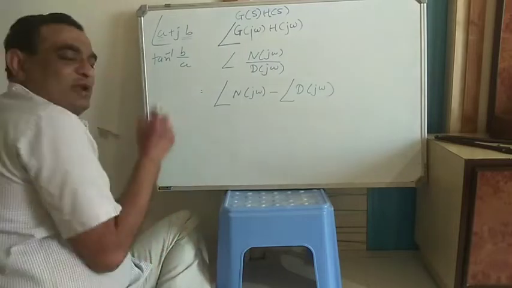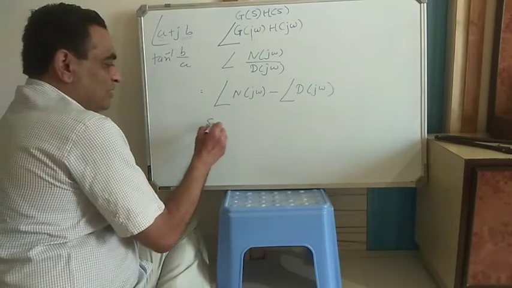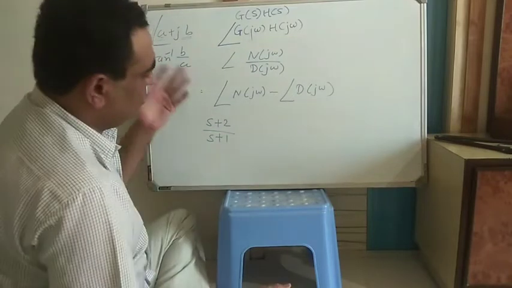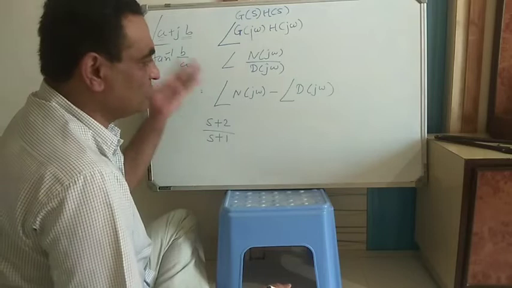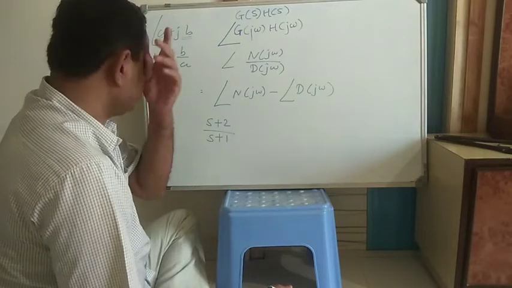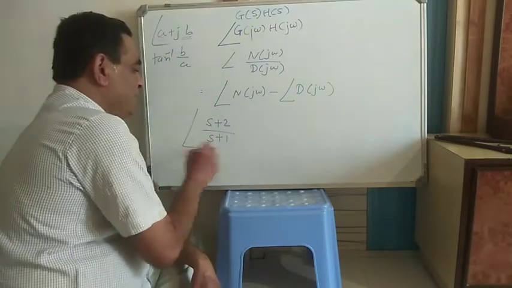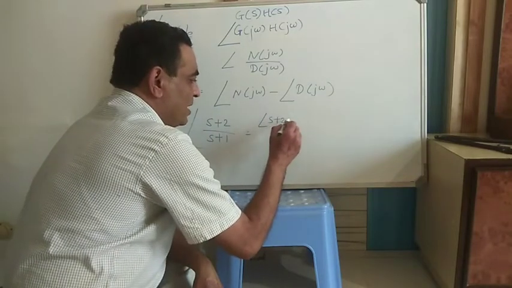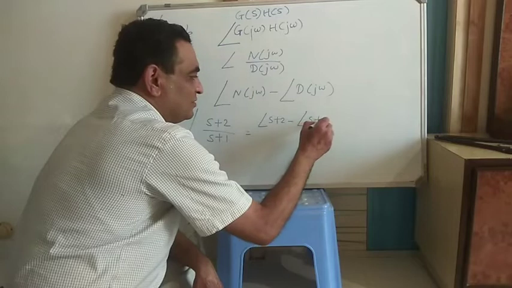Let's say, for example, you have (s plus 2) upon (s plus 1). Whether it is time constant form or not, you can still have a phase. The phase of this is the phase of s plus 2 minus the phase of s plus 1.